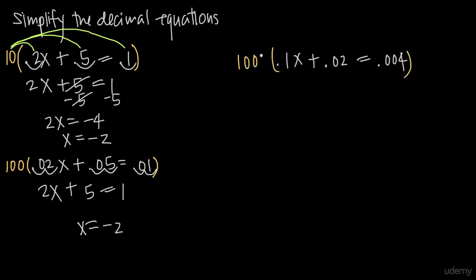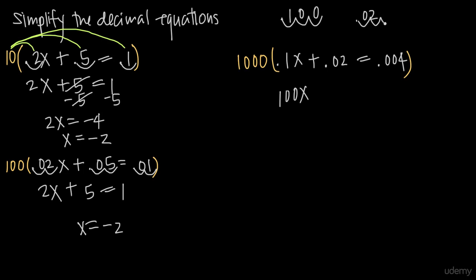So 1,000. When we multiply 1,000 by 0.1, we have 1. We're going to move the decimal over 3 places. So 1, 2, 3. We fill in with zeros here, and we get 100. So this is going to give us 100x. When we have 0.02, and we multiply by 1,000, we're again going to move the decimal 3 places.